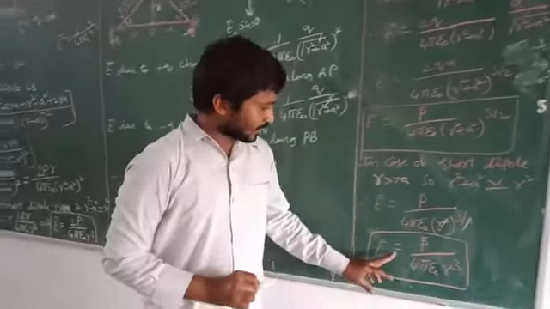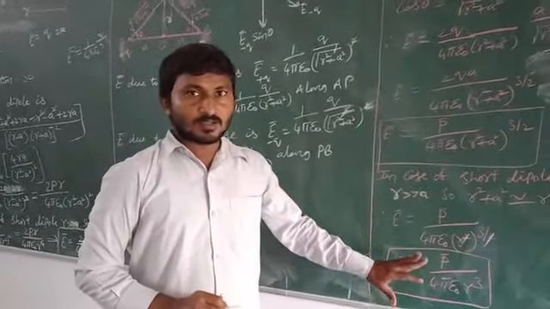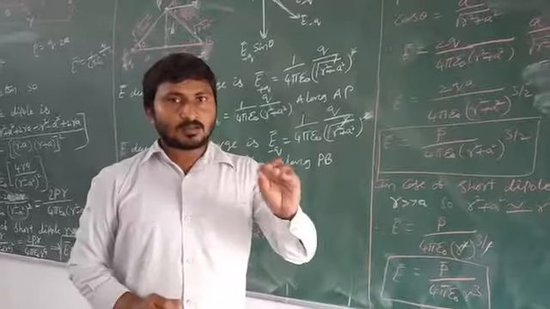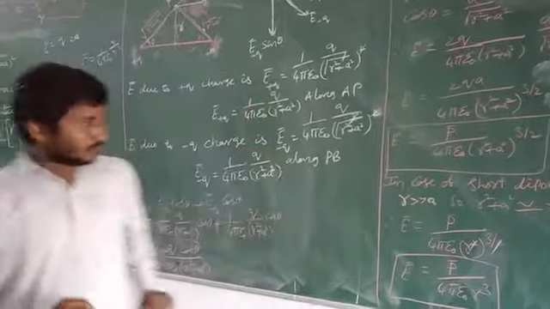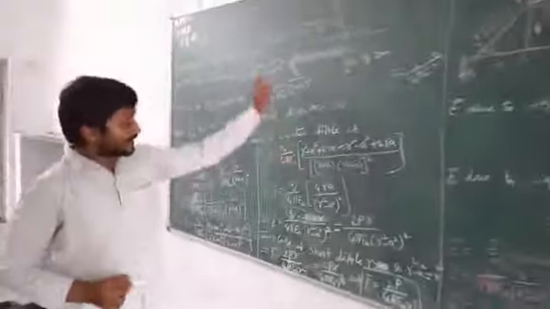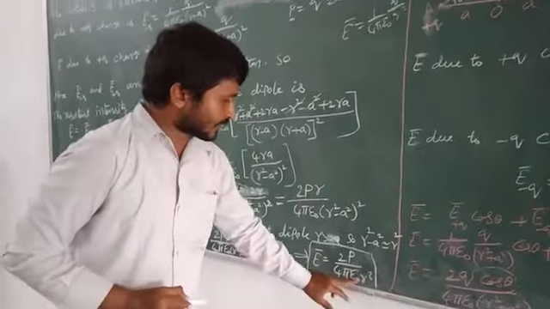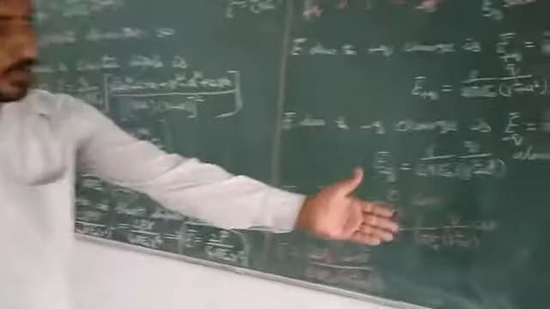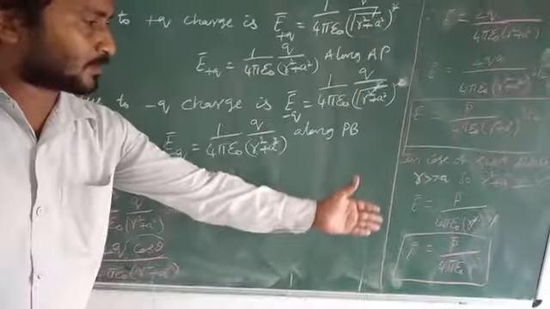This is the expression for intensity of electric field due to an electric dipole on equatorial line ఉంటుంది. అంటే on axial line వచ్చేసి 2p by 4 pi epsilon naught r cube and on equatorial line only p by 4 pi epsilon naught r cube.